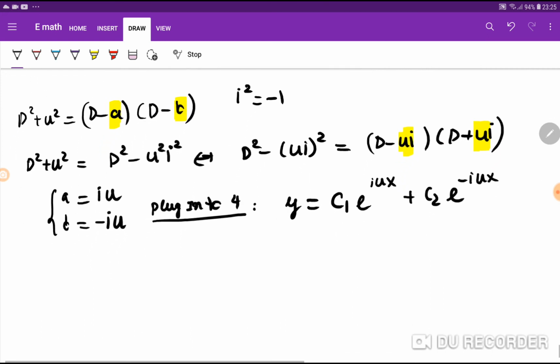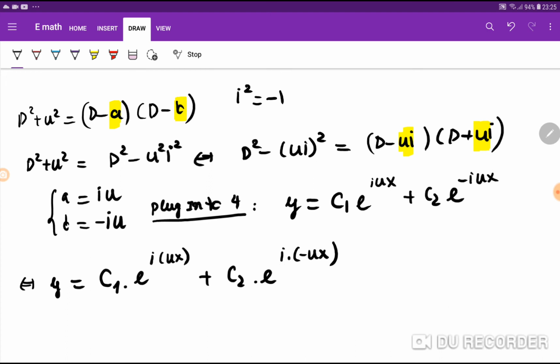Okay, now I'm going to rearrange it a little bit. y equals c1 times e to the power of iux plus c2 times e to the power of i times negative ux.